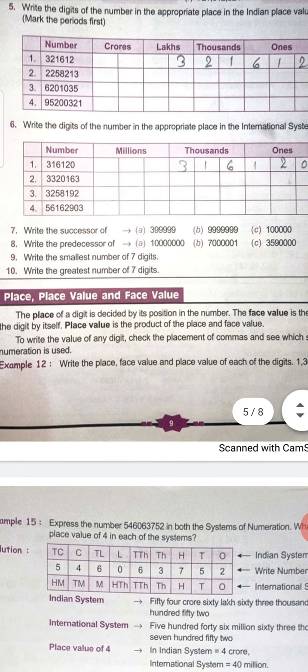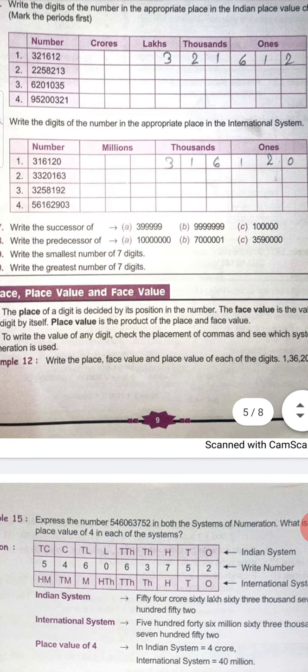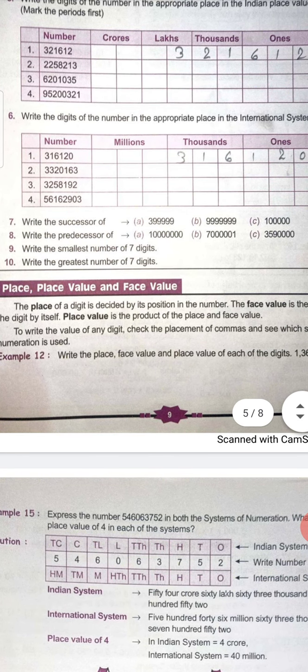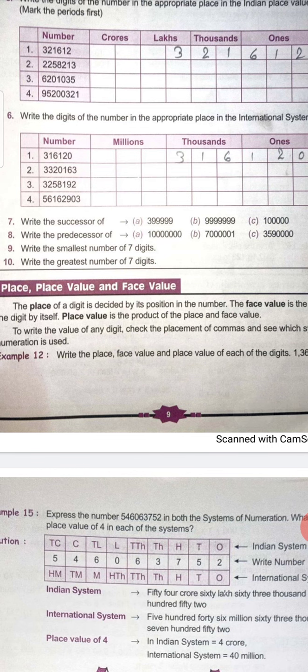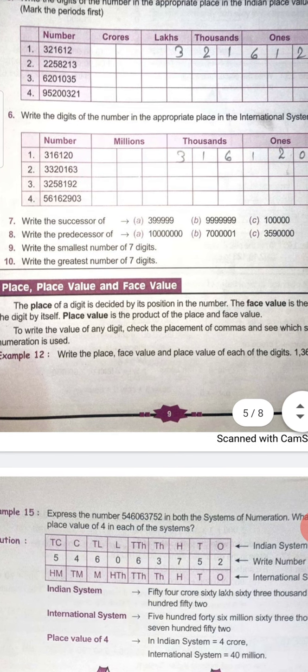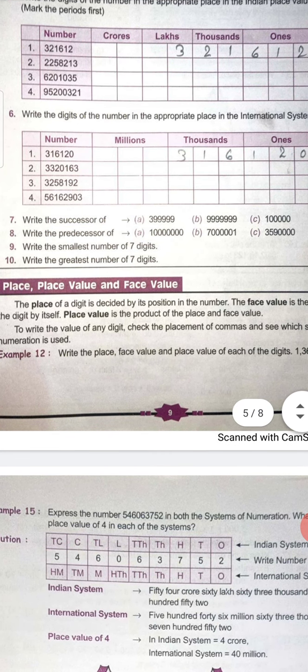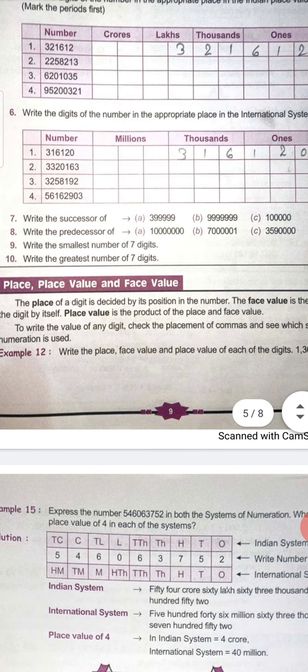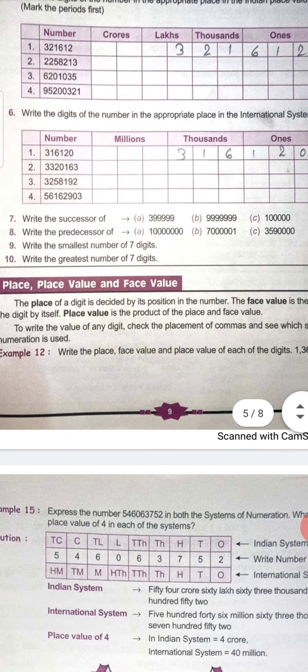Place value is the product of the place and face value. It means if we multiply place by face value, then we get place value. Now what is the place of 2689?